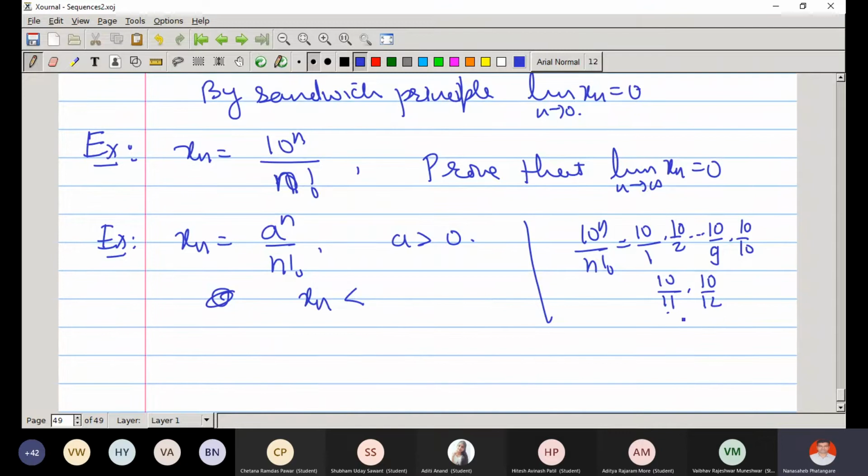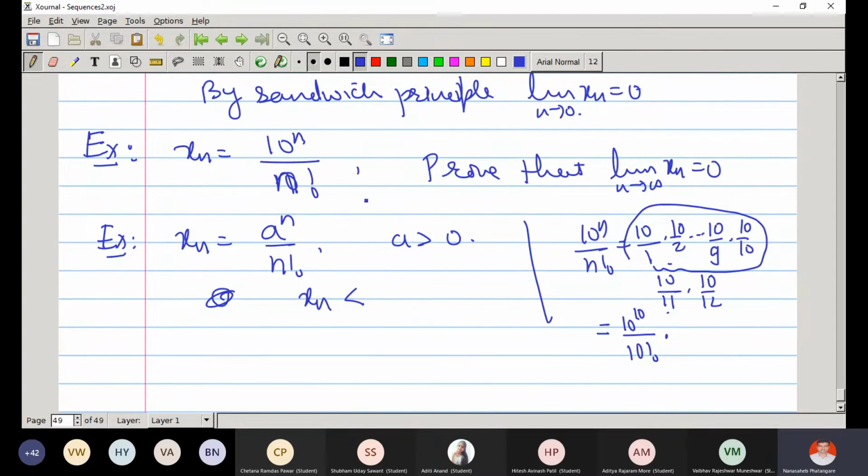The factors are less than 1. And therefore, which term will be common every time? Like in the previous case, 2 raised to 2 upon 2 factorial was common. So 10 raised to 10 upon 10 factorial. And the remaining factors are all less than 1.